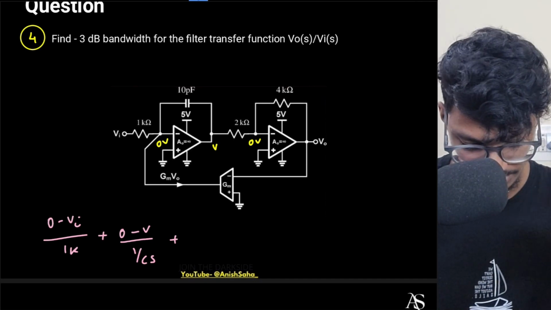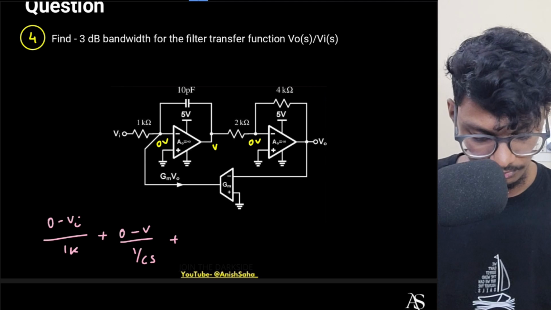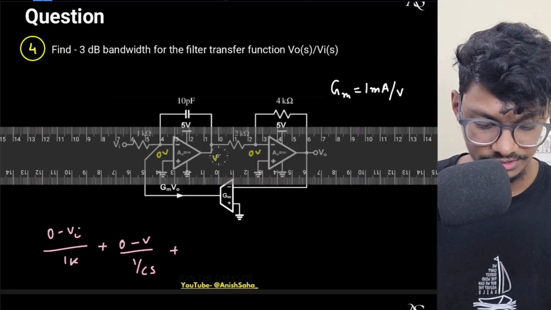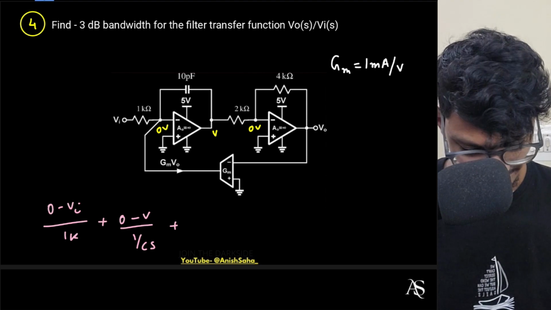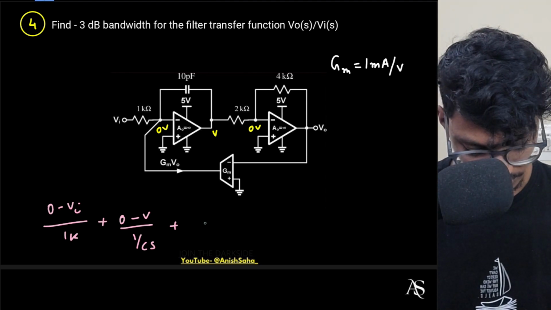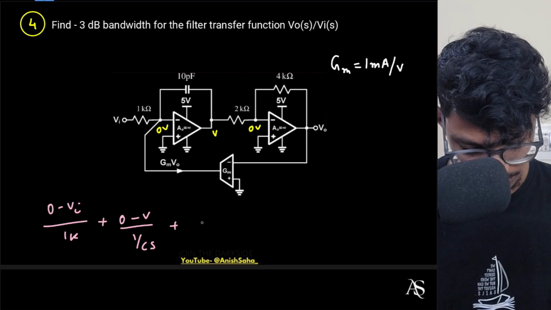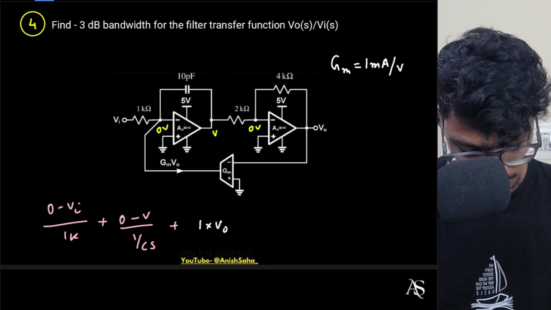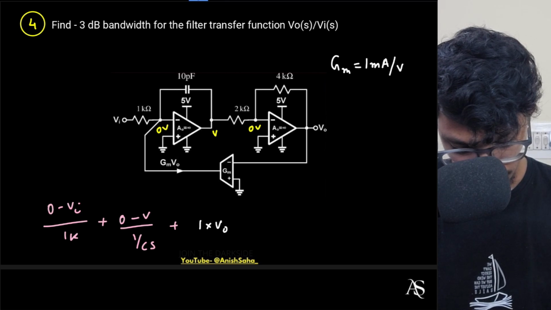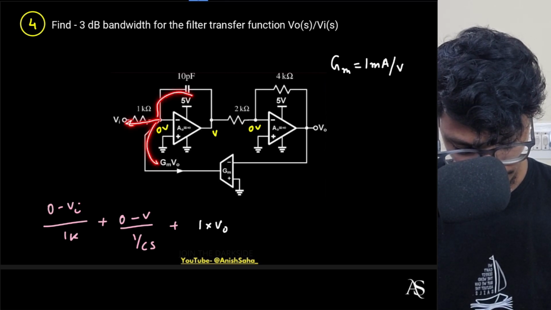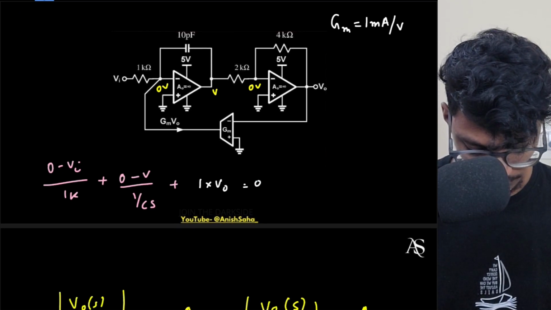I missed the value of GM. I will quickly check the question. Yeah, the GM value is 1 milliamp per volt. I just forgot to write that down, apologies for that. Assuming current in milliamperes, this will be only 1 into V0. And that's it, right? Because there are three currents going out: one is this, the other is this, the third is this. Inside the op amp, no current is going, right? So this is one of the equations.